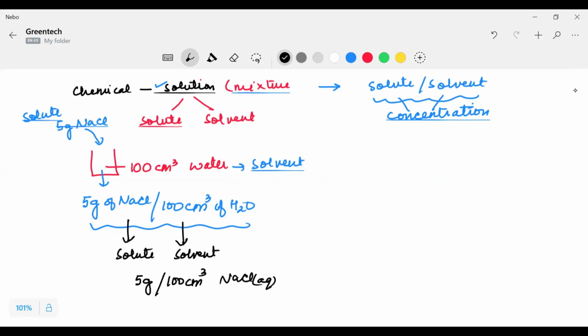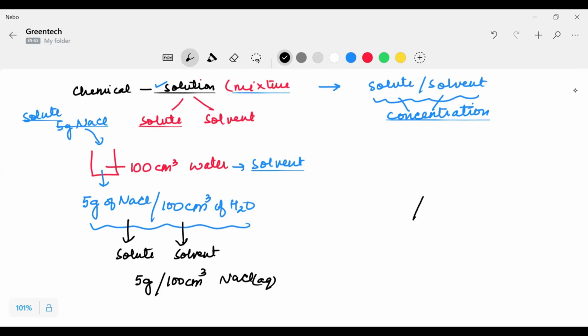Okay. Now the solute can be taken in grams when you talk about the mass, or the solute can be taken in moles. And for the solvent, we always take the volume of the solvent.